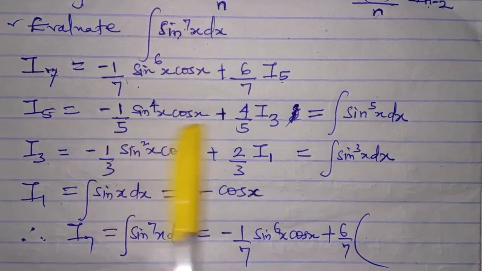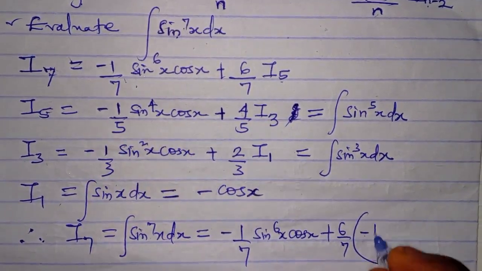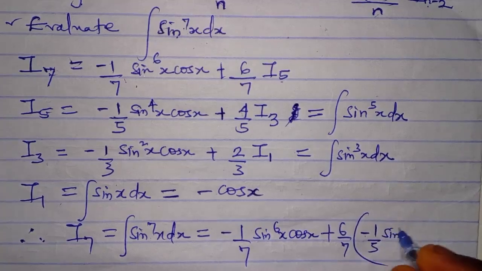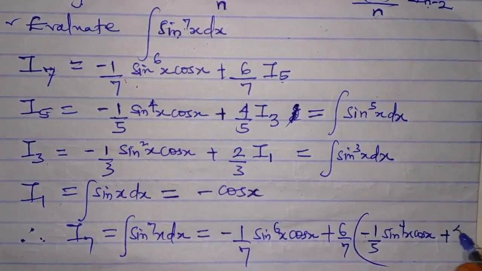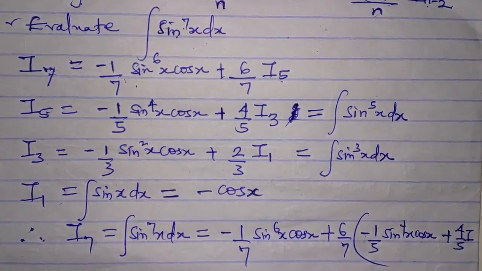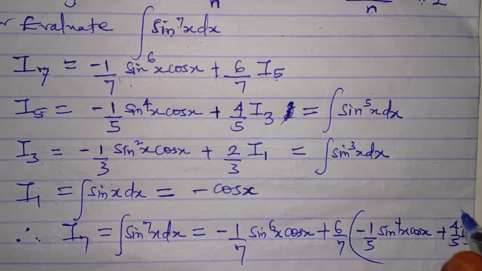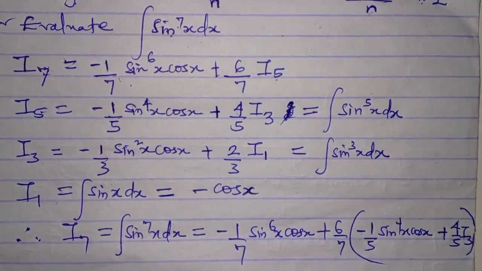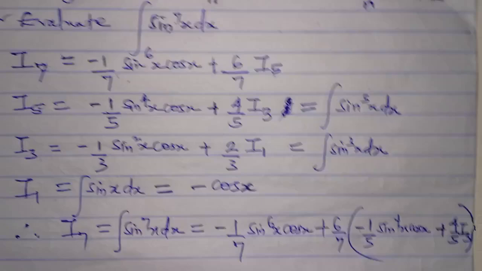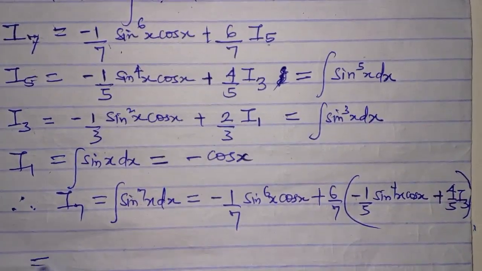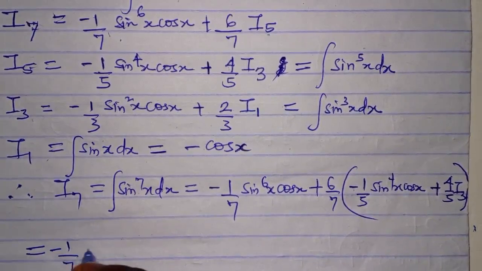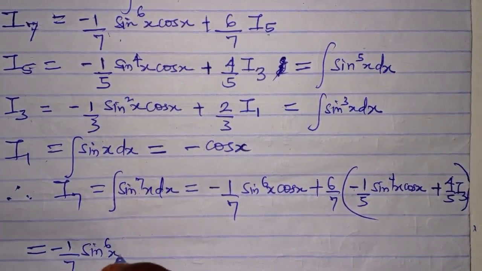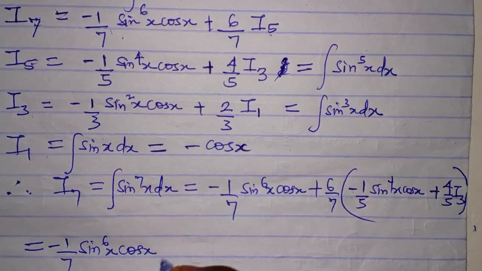I5 is this, minus 1 over 5 sine 4x cos x plus 4 over 5 I3, right? So expanding that bracket, we have I7 is equal to minus 1 over 7 sine 6x cos x.